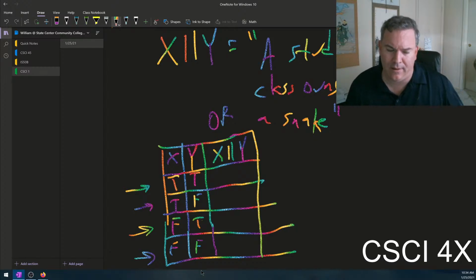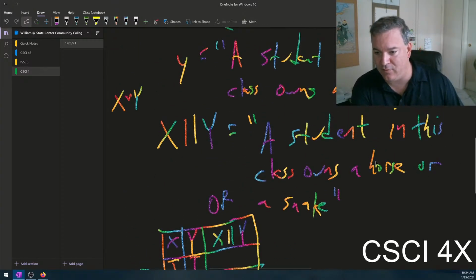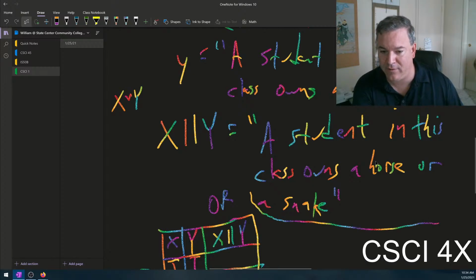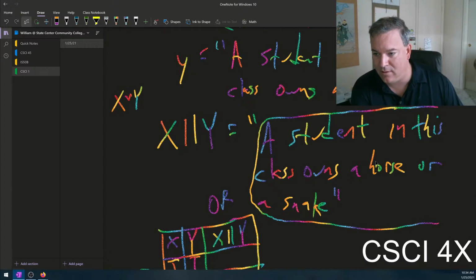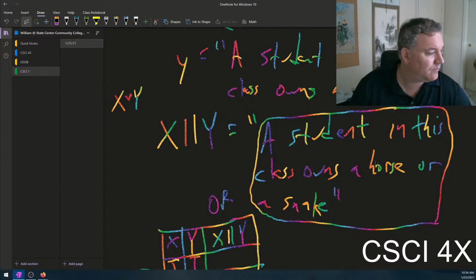OR is true if either side of these is true. So in which case will this statement, a student in this class owns a horse or a snake, be false? It'll be true in most circumstances. But when will it be false in English? When will it be false? When nobody in the class owns what?